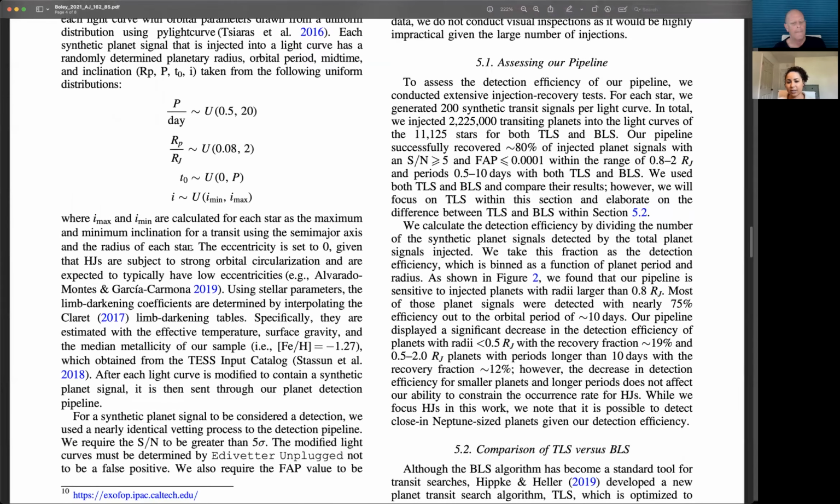We wanted to make sure that we're injecting planets that we would be able to recover, but varying their properties. For each star, we did on the order of around 100 planet injections per light curve, which ended up being around 2 million or something when everything's said and done. So a lot.